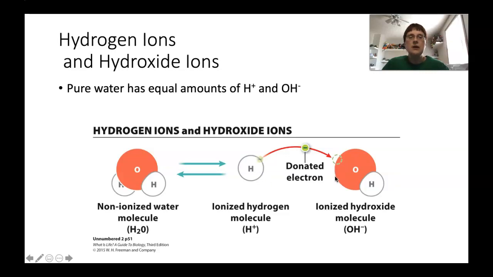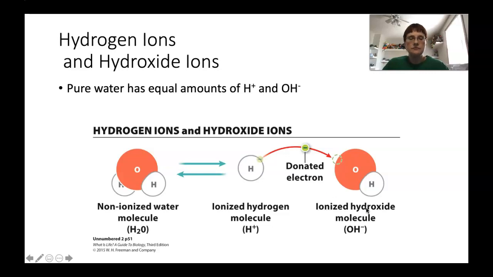You can see here we end up getting the hydrogen ion, the H plus, because that hydrogen gets separated off of the water molecule, and the electron gets donated to the hydroxide. The hydroxide is OH negative because it has received that donated electron from the hydrogen.